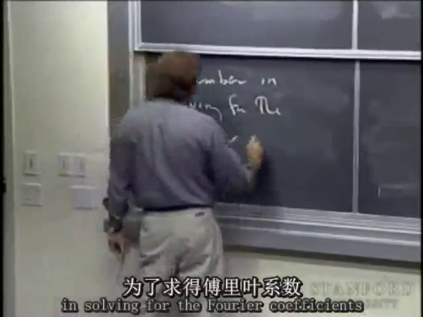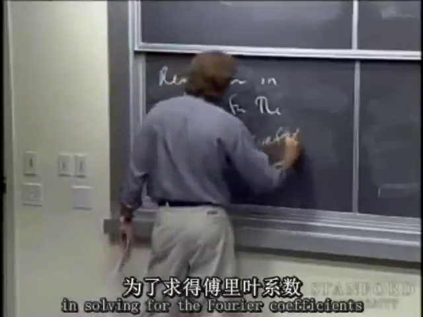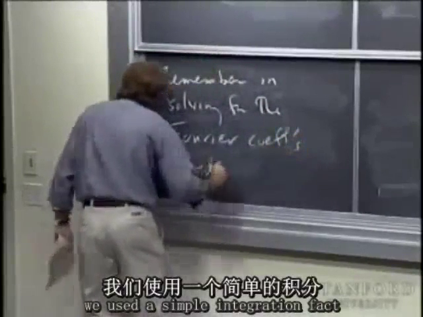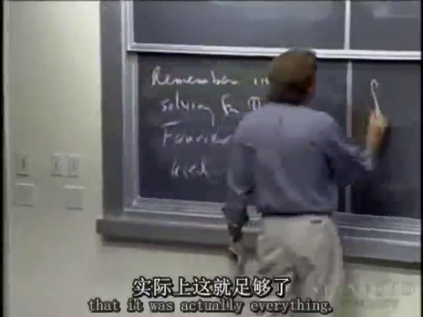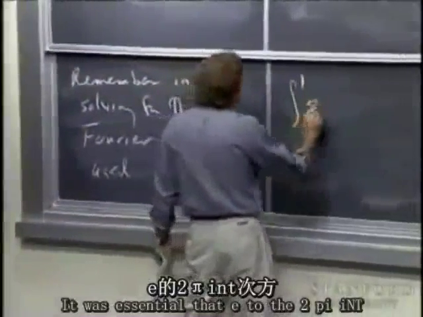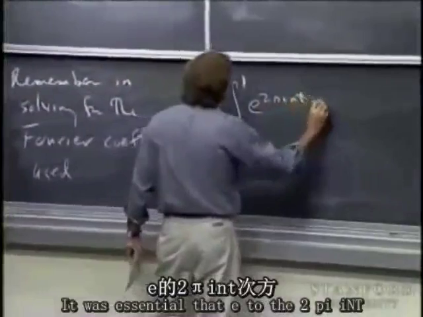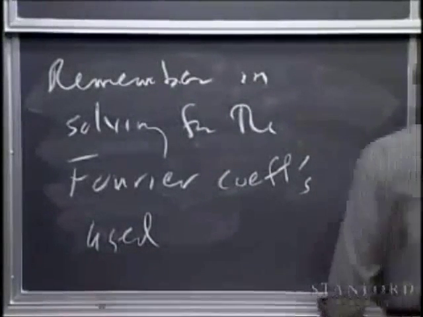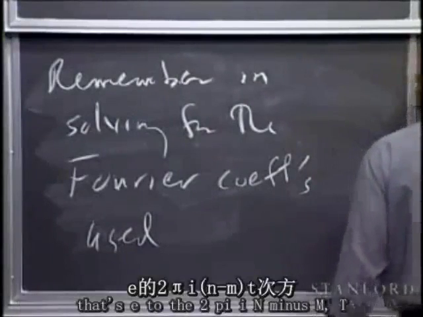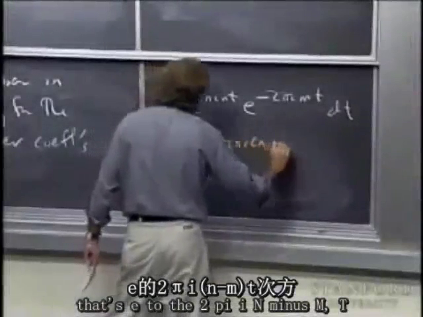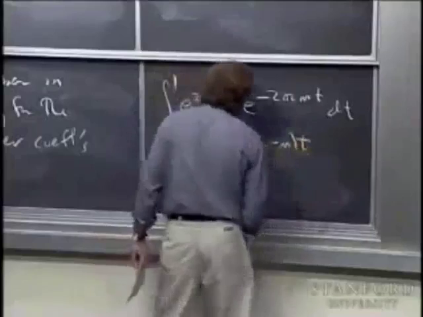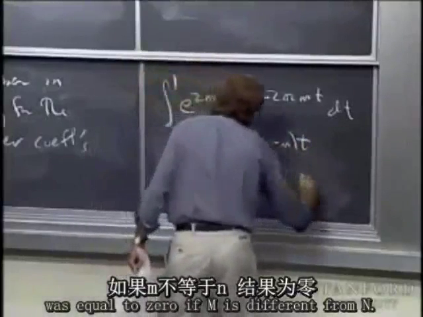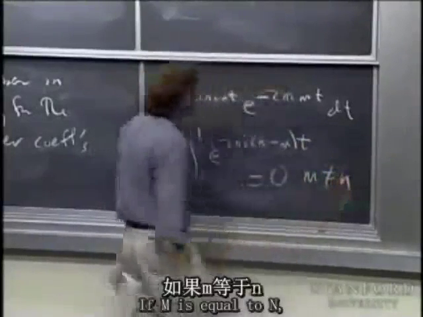In solving for the Fourier coefficients, we used a simple integration fact, but it was absolutely essential. That the integral of e^(2πint) times e^(-2πimt) dt, so that we can combine those complex exponentials, that is, e^(2πi(n-m)t), was equal to 0 if m is different from n. If m is equal to n, then it's equal to 1.